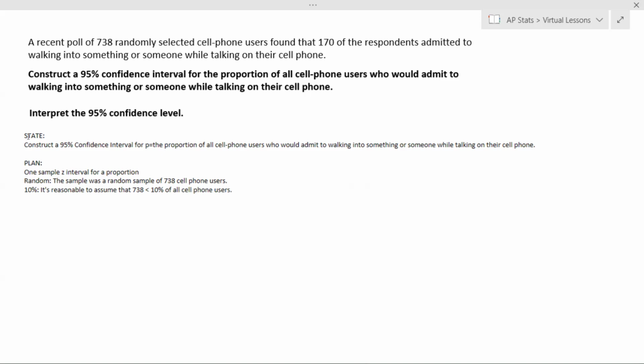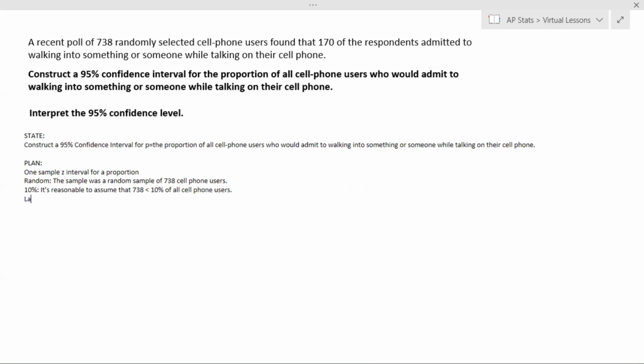Not always are you going to know the size of the population that you sampled from, but usually in the context of the problem, you can infer or assume that the 10% condition is met, and then you need to state that. So here, it's reasonable to assume that 738 randomly selected cell phone users is less than 10% of all cell phone users.